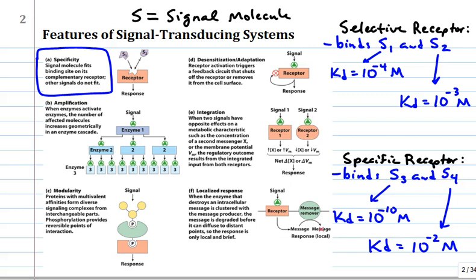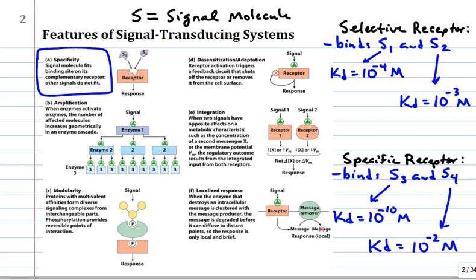Let's say we have a specific receptor that can bind signal molecule S3 and signal molecule S4. The binding constant of S3 is 10 to the minus 10th molar. Wow, that is tight binding. Very tight binding. And then S4 can bind with a binding constant of 10 to the minus 2nd molar. That's weak binding.